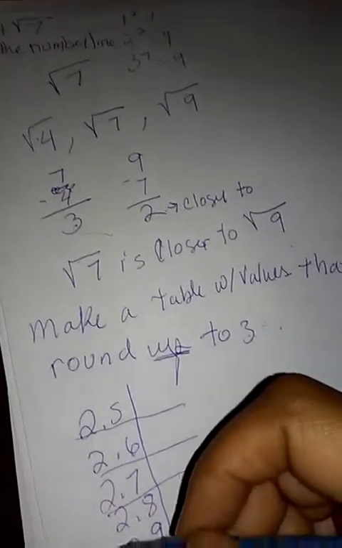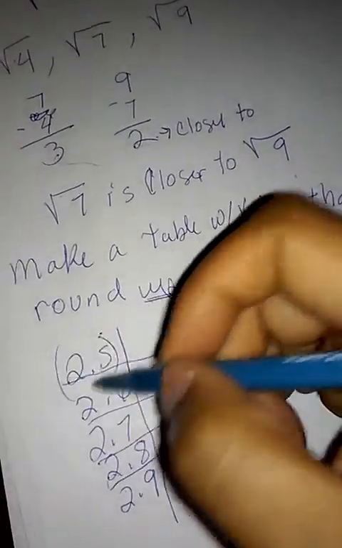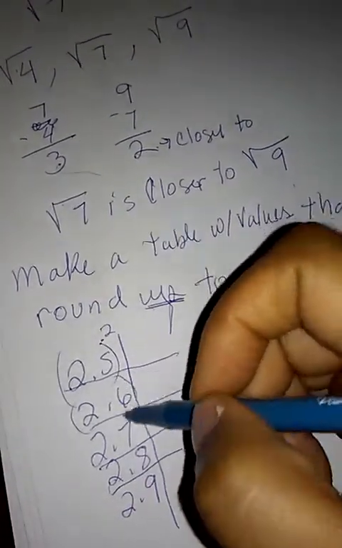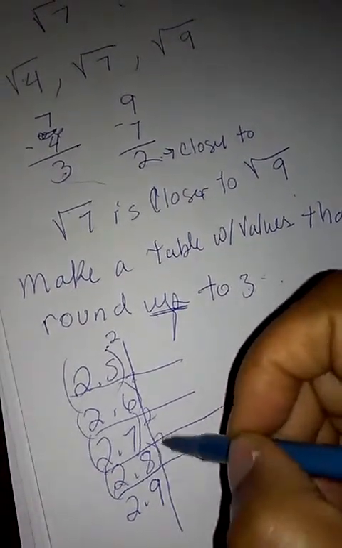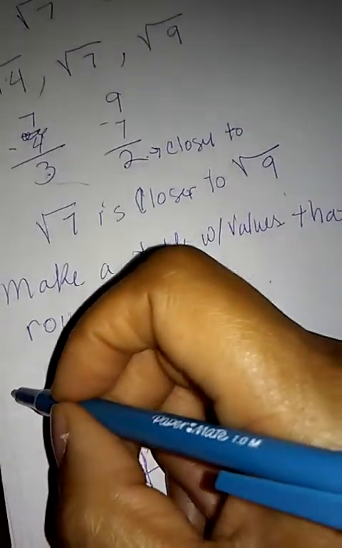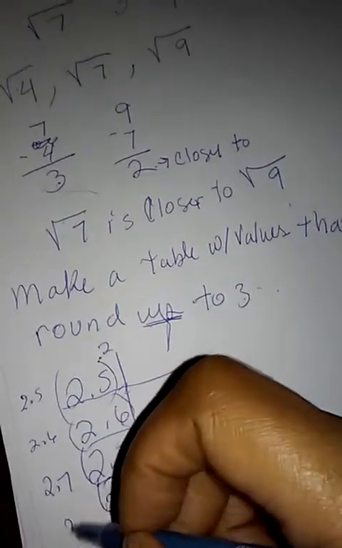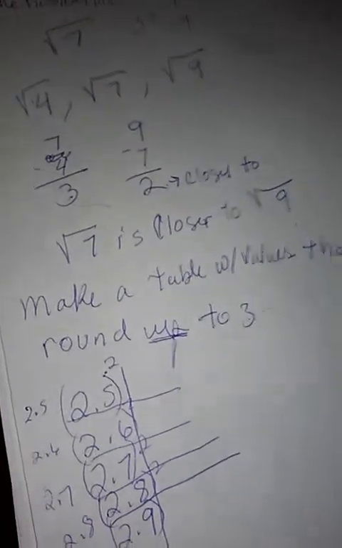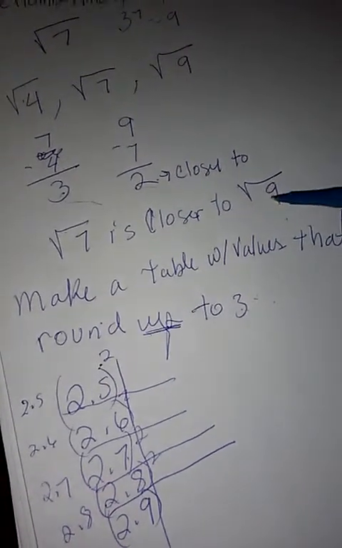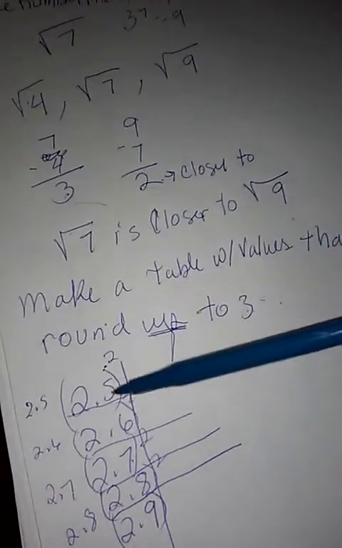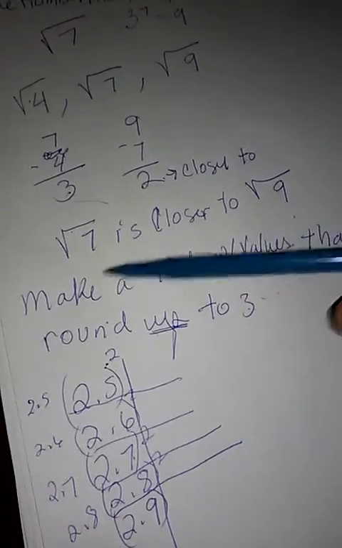Now what we're doing, just like in class, is squaring these to see what the value is. The reason why I'm using these numbers is because I know 3 times 3 is 9. That's already bigger than 7. So I need to use smaller values that I can multiply together to get 7.